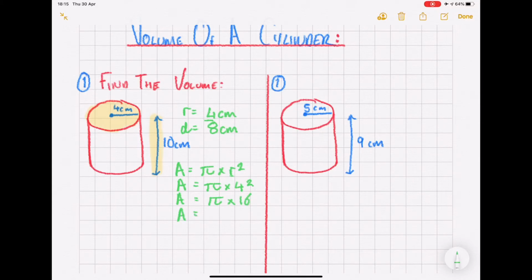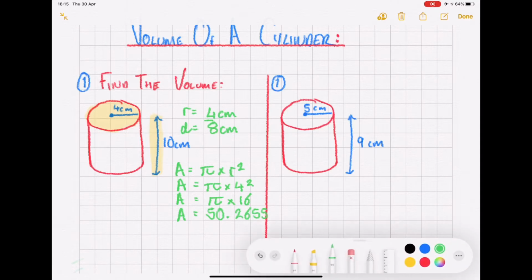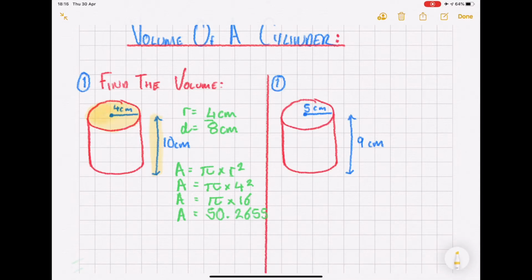If we type that into our calculator, 16 pi or pi times 16, we end up with 50.265. So that's the area of this cross-sectional circle.